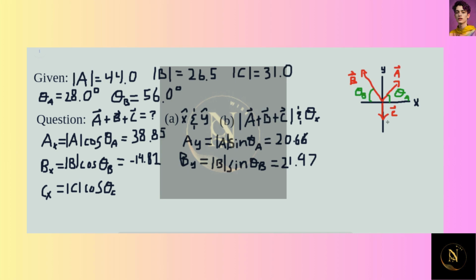If you look at the graph, you'll notice that there is no x component to C. C is along the y axis, so there's no x component to C. So this one has to be equal to 0. And even though it's not given explicitly, we can determine that theta C is equal to 270 degrees.